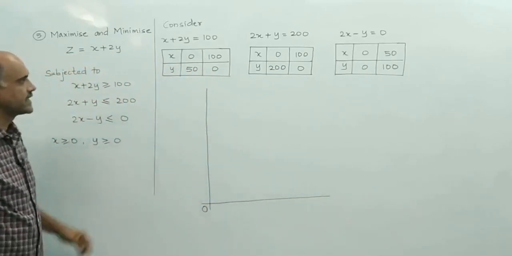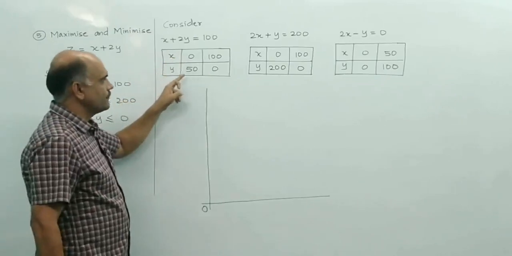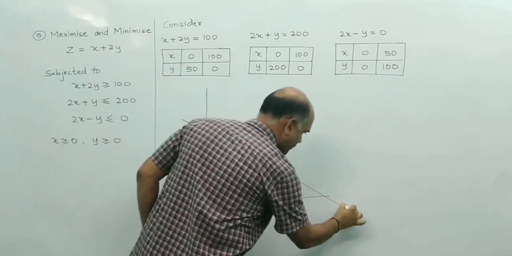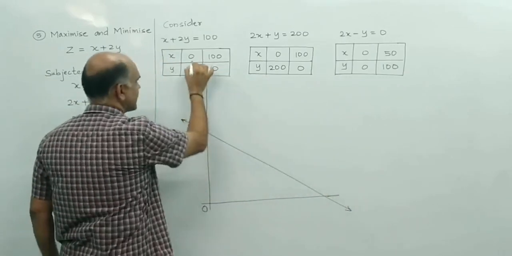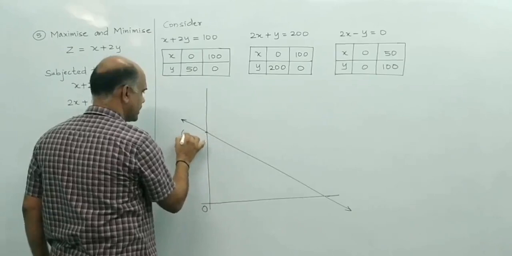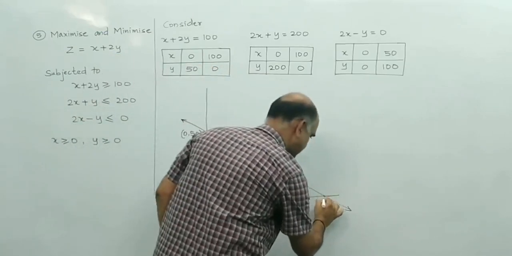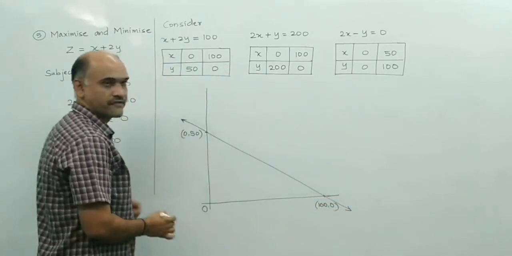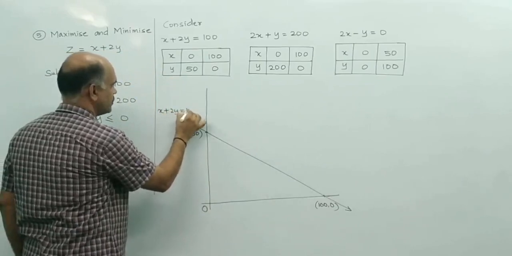For the first line, the points are 0, 50 and 100, 0, and this is my first straight line, that is x plus 2y is equal to 100.